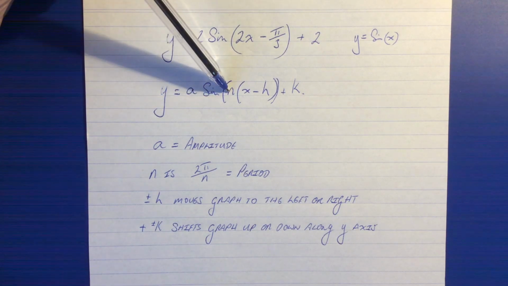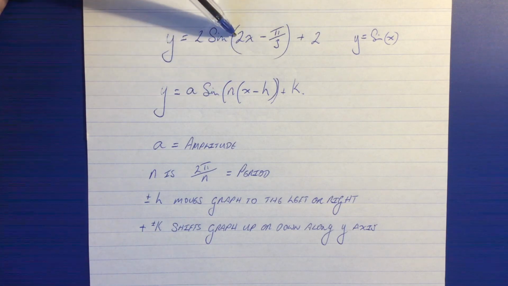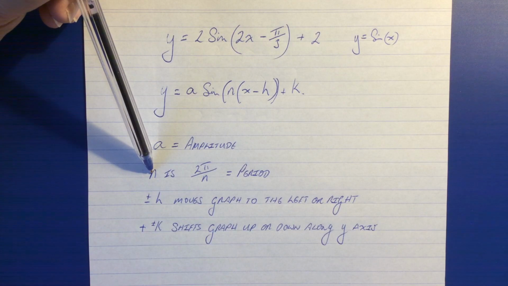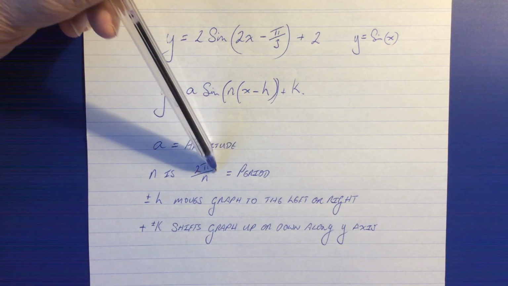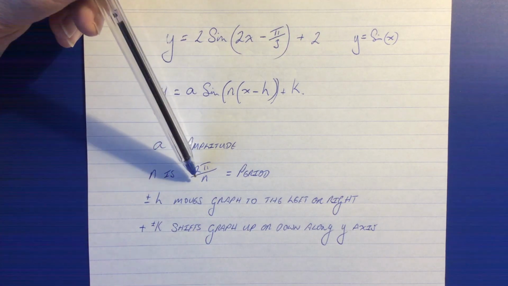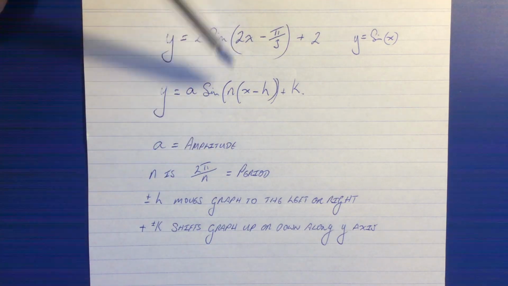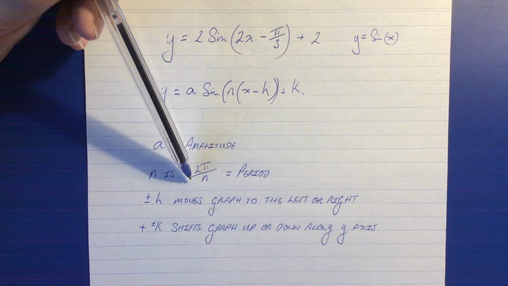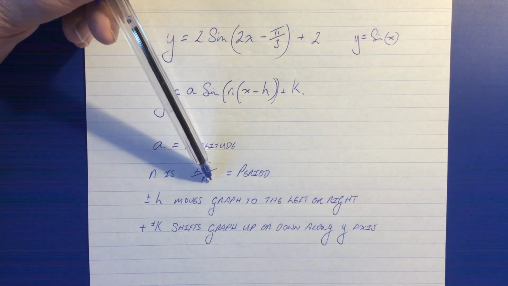This number in here, which you see here as 2, is the number that we use to calculate the period. We calculate the period of a sine or a cosine function, so everything that you see here holds true for a cosine function, although I will do a separate video on that.